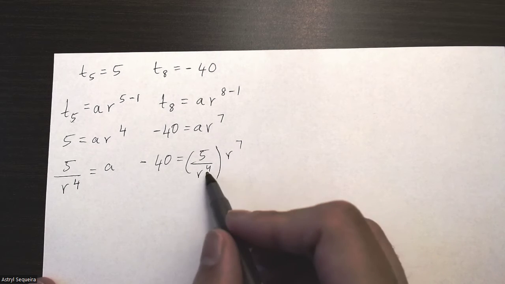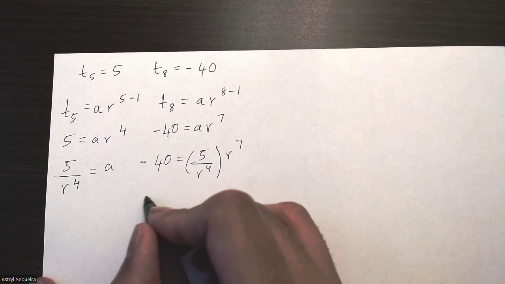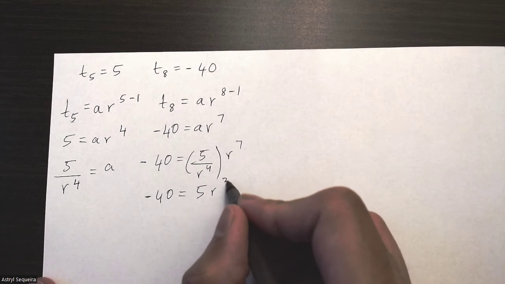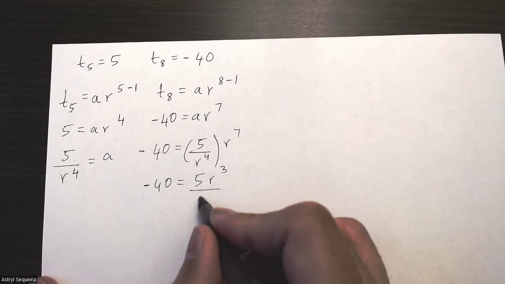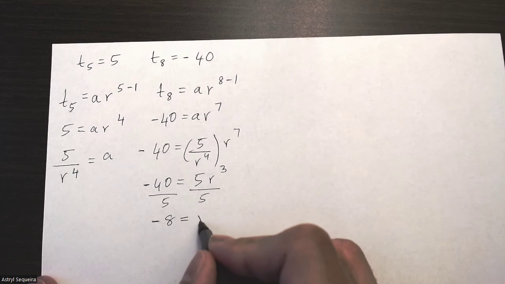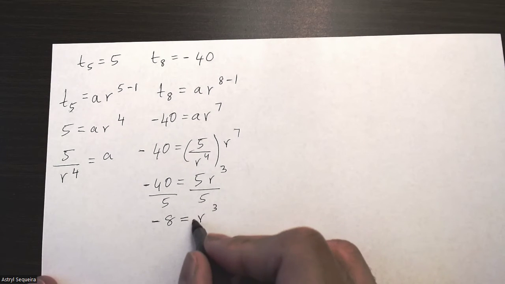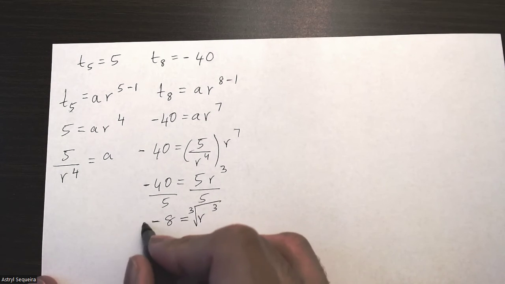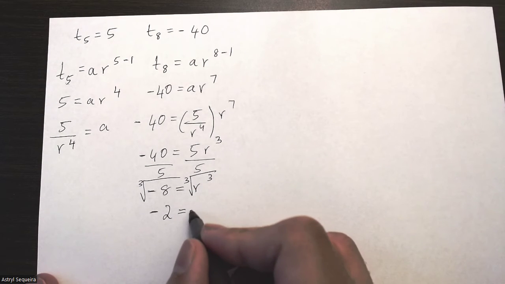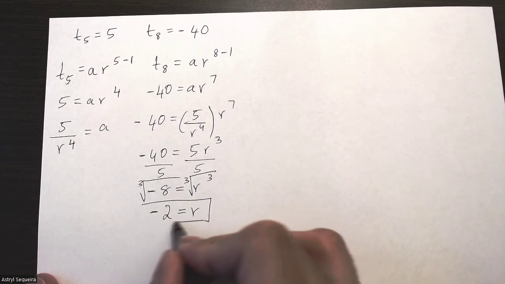R4 and R7 can simplify by subtracting the exponents. Negative 40 equals to 5R cubed. Divide both sides by 5. So negative 8 equals to R cubed. Now cube root both sides. And I get negative 2 equals to my common ratio.